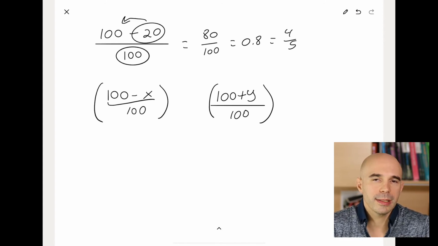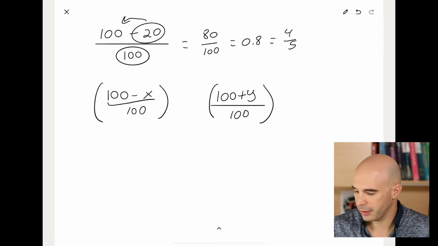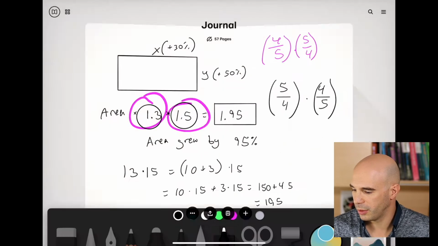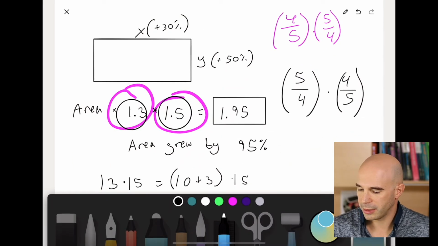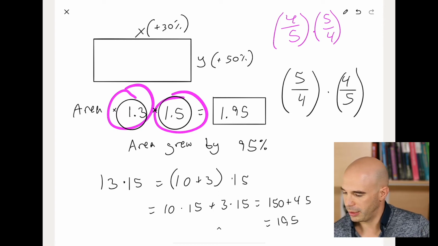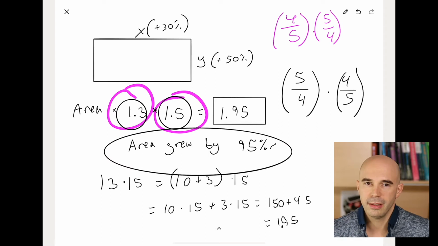What about translating back from a change factor to a percent change? Remember that question with the area of a rectangle that we did? In that one, the question wanted to know by what percent does the area of the rectangle change? And we ended up saying, since you're multiplying by 1.95, the area grew by 95%.